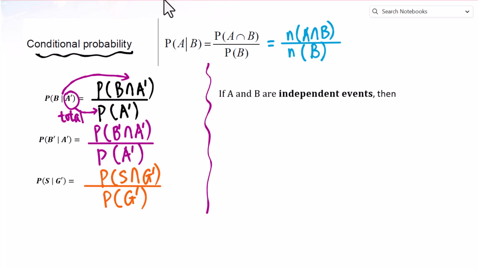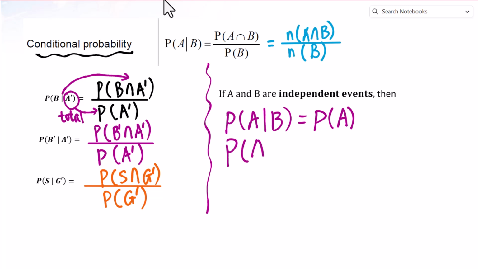If A and B are independent events, then probability of A given B equals the probability of A, or probability of A given B prime equals the probability of A.